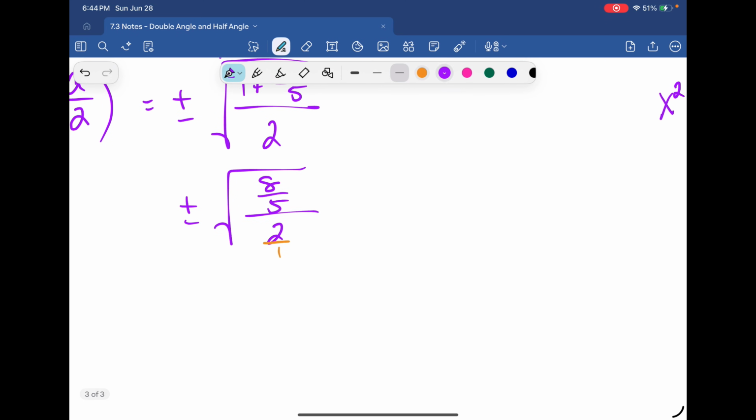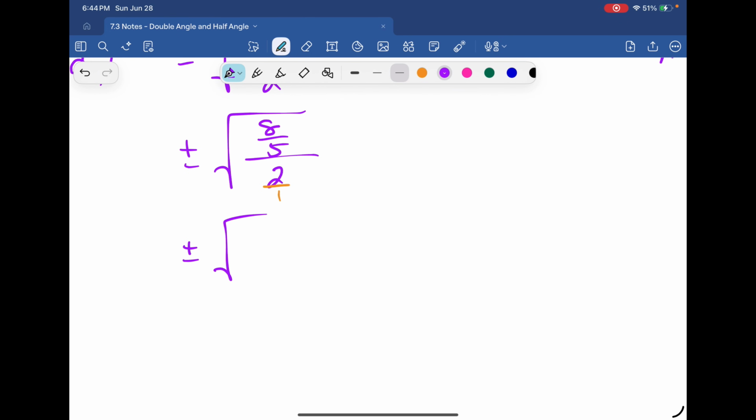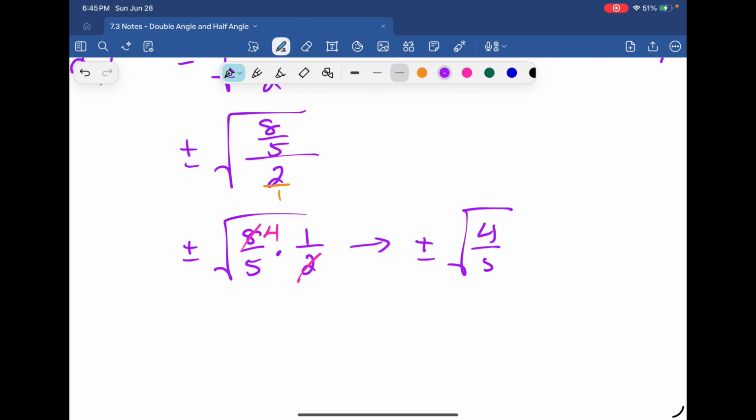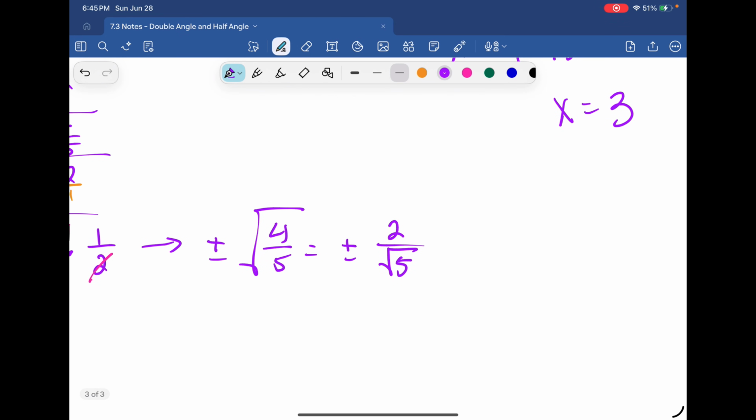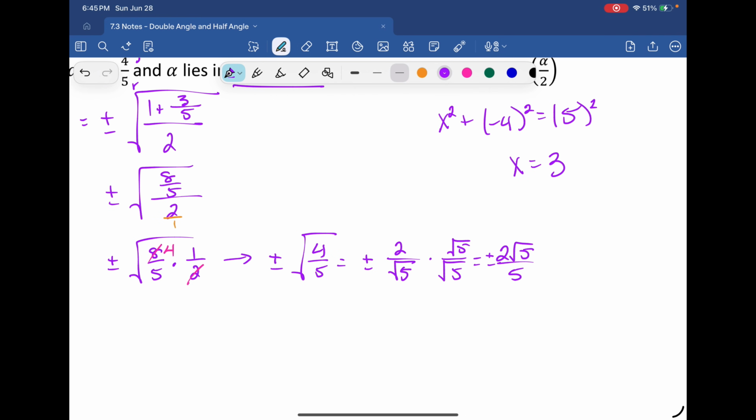Imagine that 2 over 1. 2 goes into 8 4 times. So I have the square root of 4 over 5, so that's 2 over the square root of 5. Get rid of that radical. So 2 root 5 over 5, plus or minus.